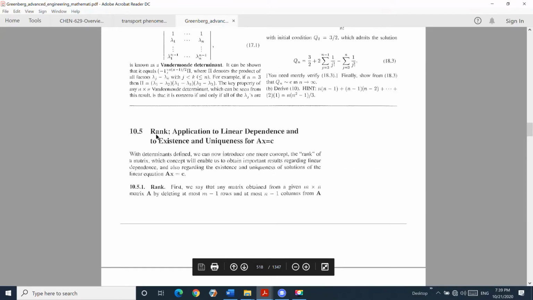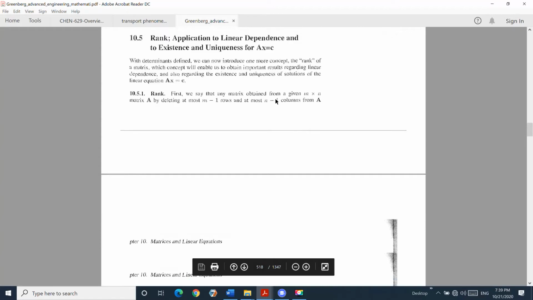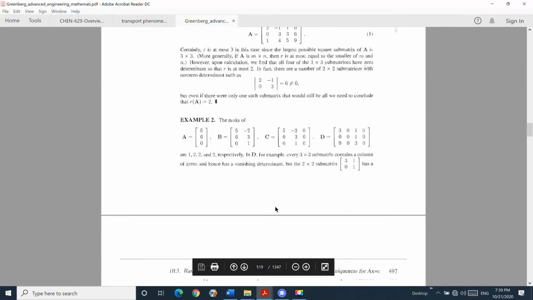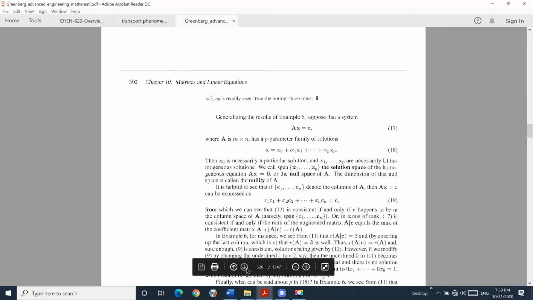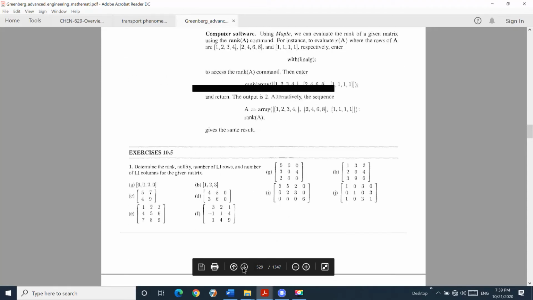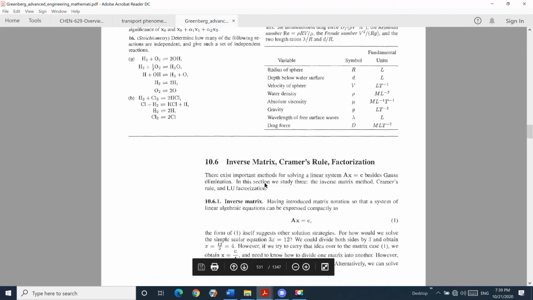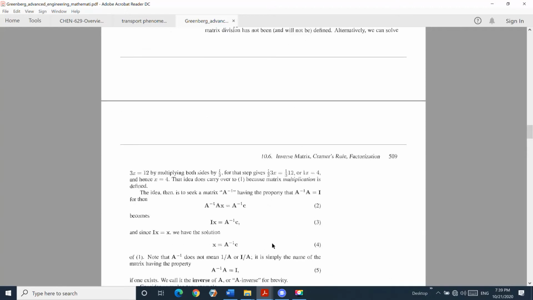Now there is another section on rank, with application to linear dependence and the existence and uniqueness of the solution for the form Ax equal to C. Section 10.6 gives insight into the inverse matrix, Cramer's rule, factorization, and so on.